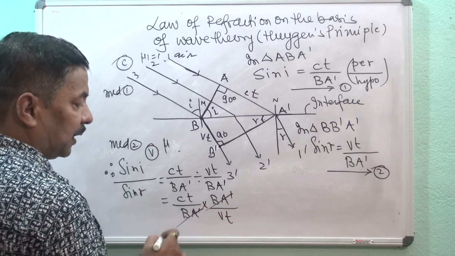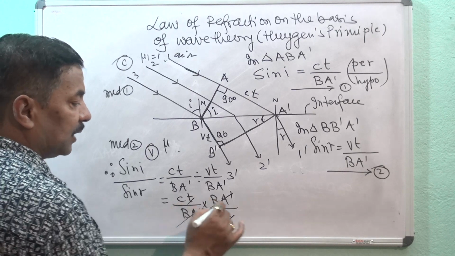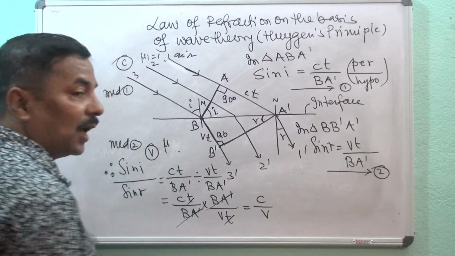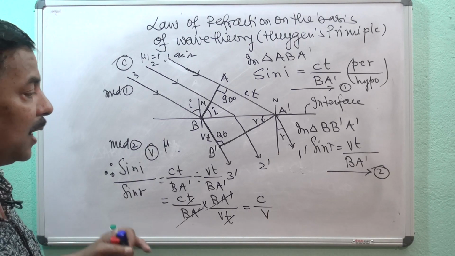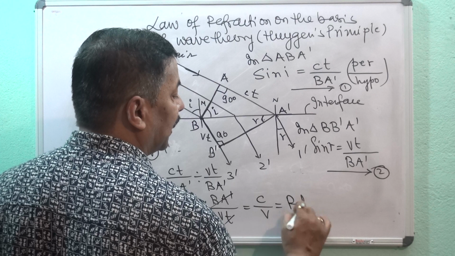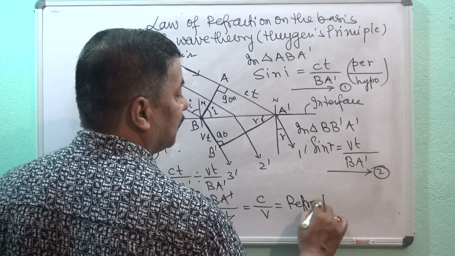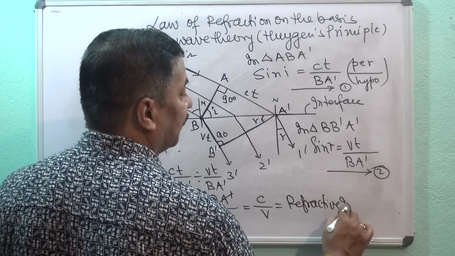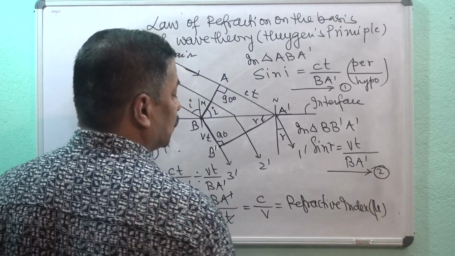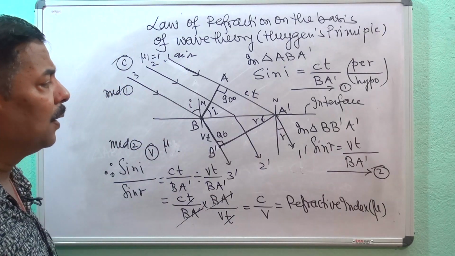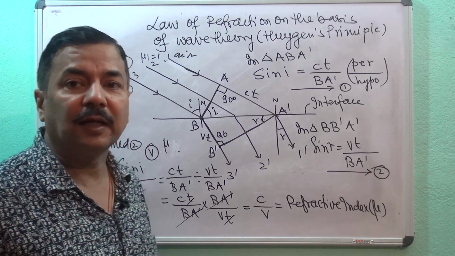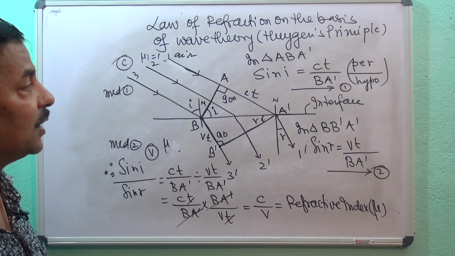BA dash will cancel, T will cancel, and you are getting c by v. And what is c by v? c by v is basically the refractive index, that is mu. So in this way we have proved Snell's law of refraction using the Huygens principle.